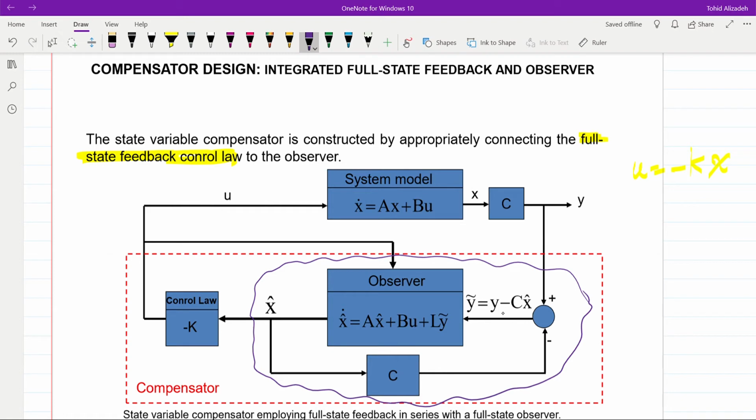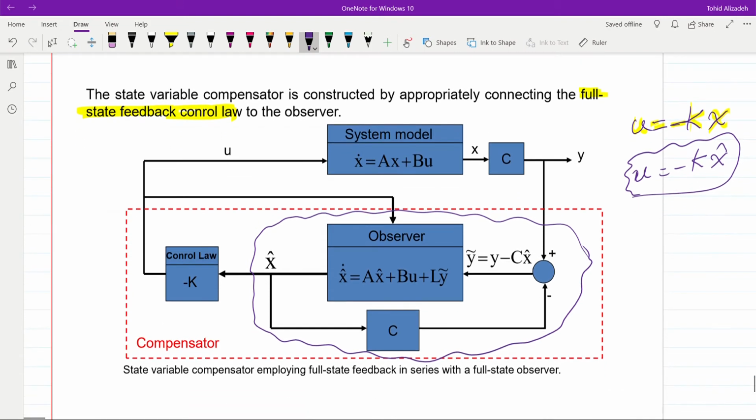And then in the feedback control law, instead of having u equal to minus k times x, we will use u equal to minus k times x hat, because x hat is a good estimate of x, so we can replace them with each other. And as a result, we will have the complete state variable compensator using the observer, as you can see here.